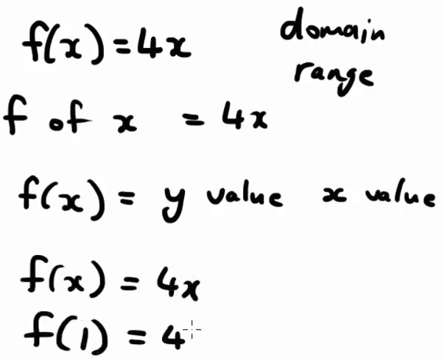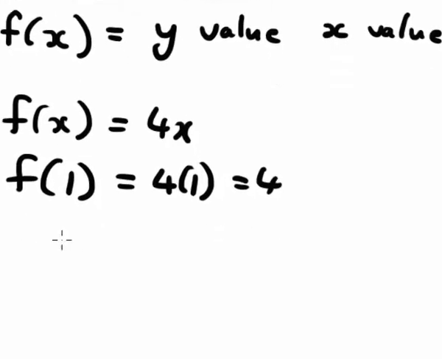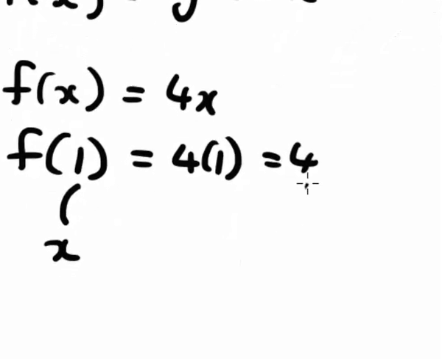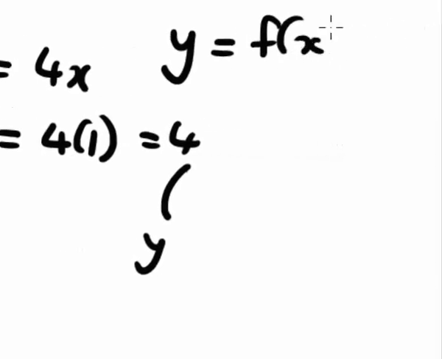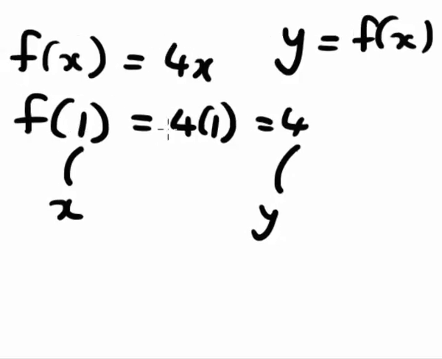You would then say 4 times 1, which is 4. You'd replace those x's with 1. And if you remember, that is your x, and that is your y. So y is equal to the f of x. That's important there.